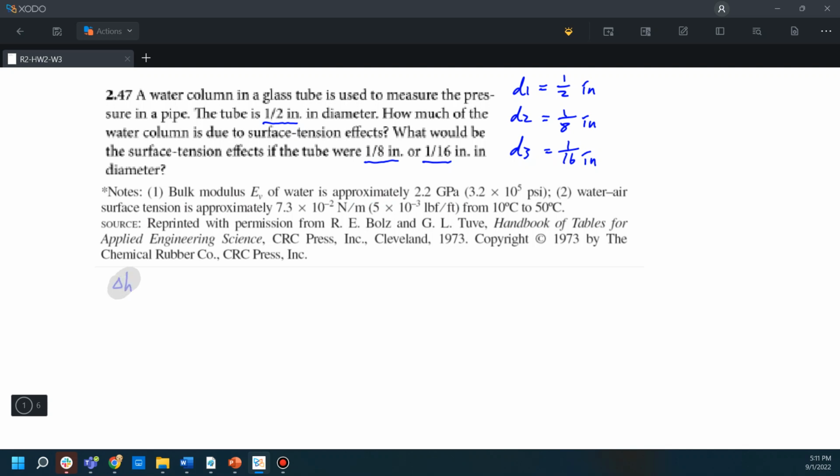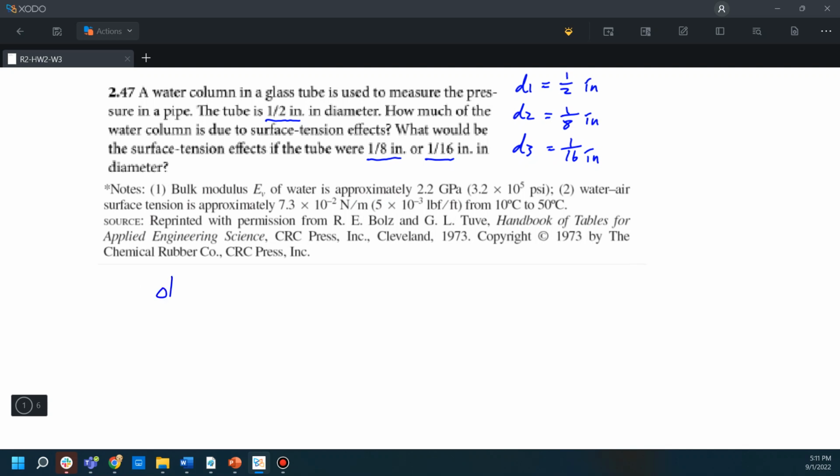The equation looks like this: the delta H, the difference in height caused by the surface tension, is equal to 4 sigma divided by gamma d.